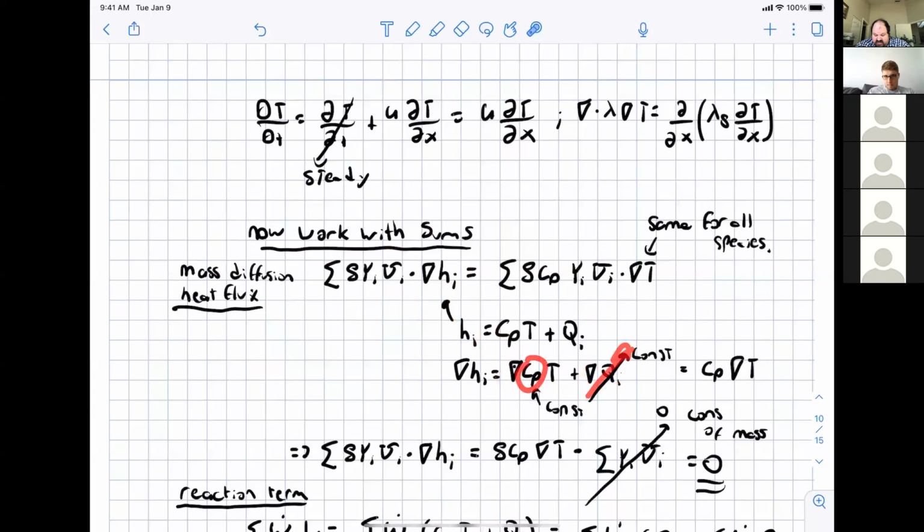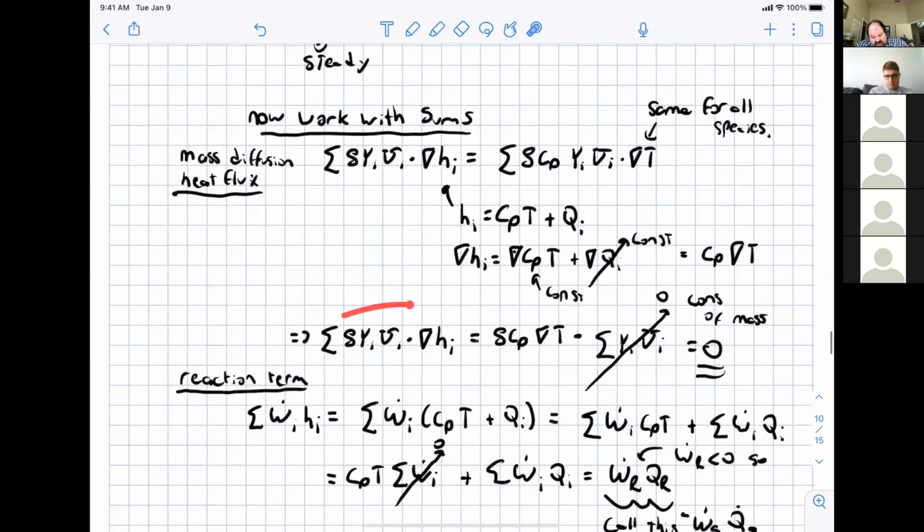And if Cp is constant, we can yank that out, so this is just equal to Cp times grad T. Now we substitute this in for the gradient of the species enthalpy and pull the terms out that are constant in the sum. That would be rho Cp grad T, dotted with the sum of Y_i V_i.